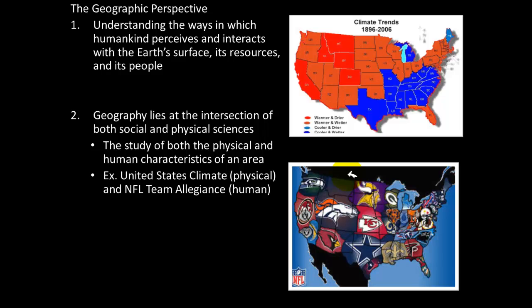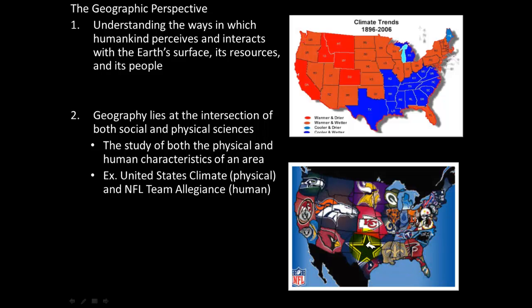Now, the second map is an excellent example of a human characteristic. But I want you guys to realize that both of these maps, take note of this, are of the United States. But the first map measures physical characteristics. The second map measures the human characteristics, which measures the regions of the United States and which NFL team is supported in which particular region.